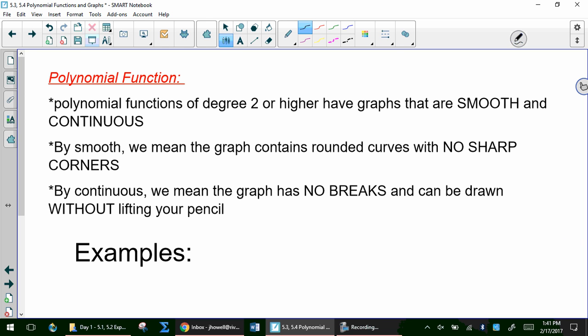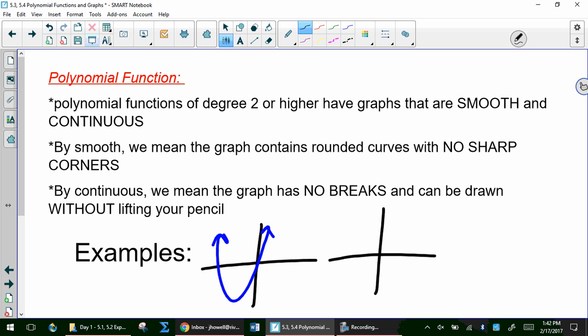So we've seen quadratics. A quadratic is a continuous function. I just did a nice big U shape, didn't have to lift my pencil. Another example of a polynomial could be something like this. Right? You could draw this curve without lifting your pencil.